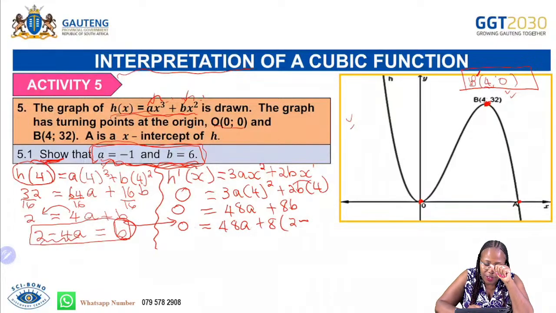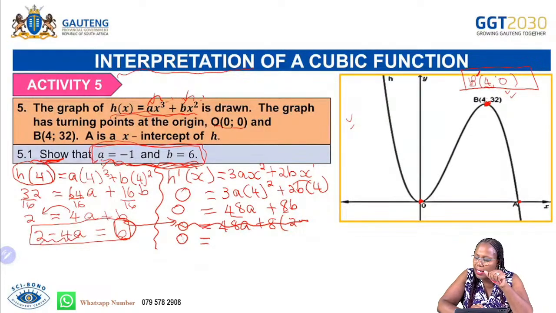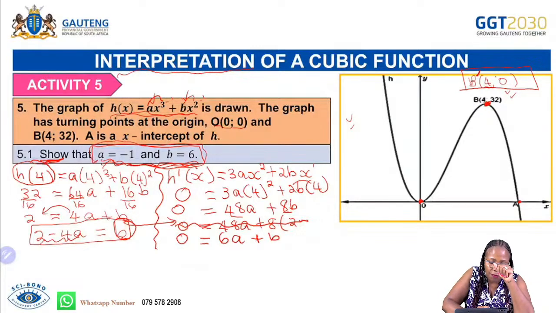Grade 12, you may start by simplifying this, because you can divide by 8 into 48 and 8b. It's better to work with smaller values than bigger ones. So 0, and then 48 divided by 8 will give us 6a, and 8b divided by 8 will give us b there. It will be plus b. Happy now? Now for b, we are going to substitute 2 minus 4a.